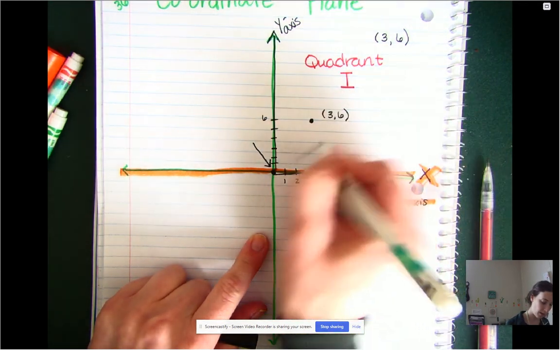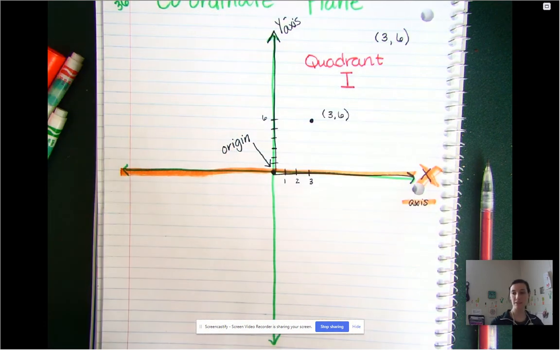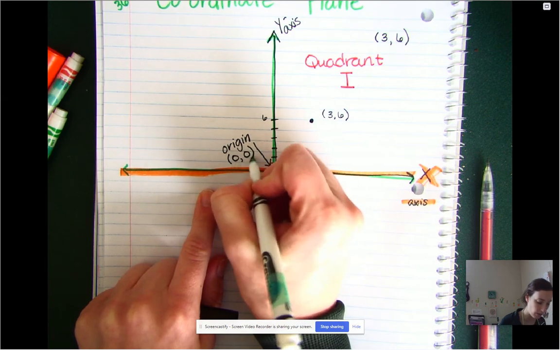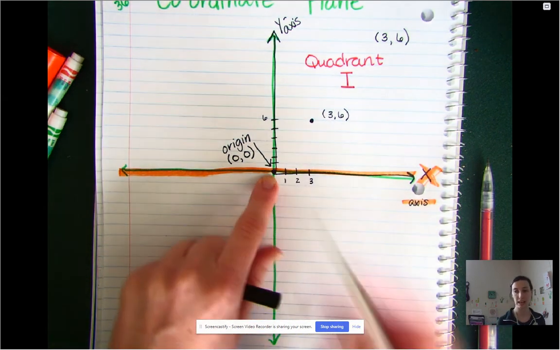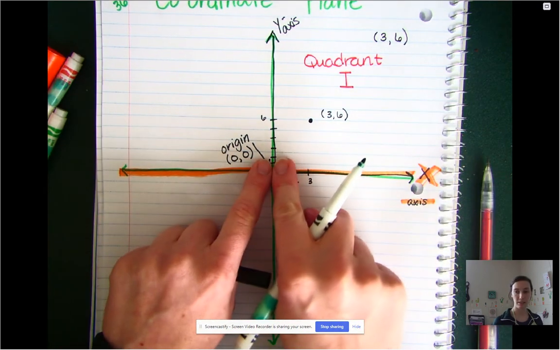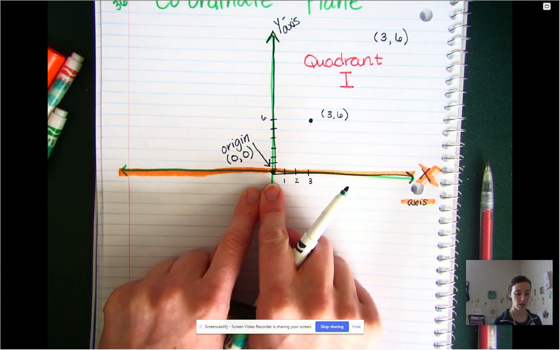We can put the arrow from any way, but the origin is where everything spreads out from, and the coordinate of the origin is 0, 0. So it's at 0 on the x-axis, right in the middle, and 0 on the y-axis. So the origin is 0, 0.